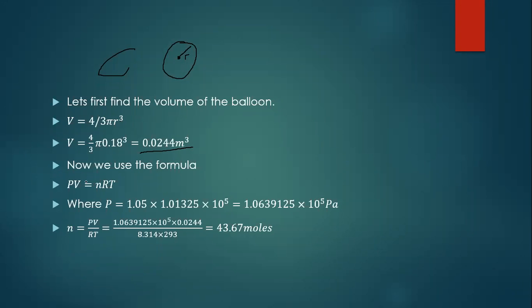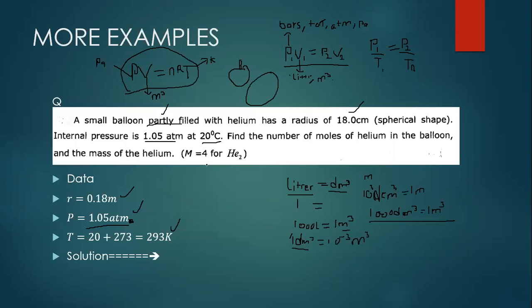From there, now we use the formula. What formula are we using? It is this one. Why are we using this formula? Because they said, find the number of moles of helium in the balloon and the mass of the helium.